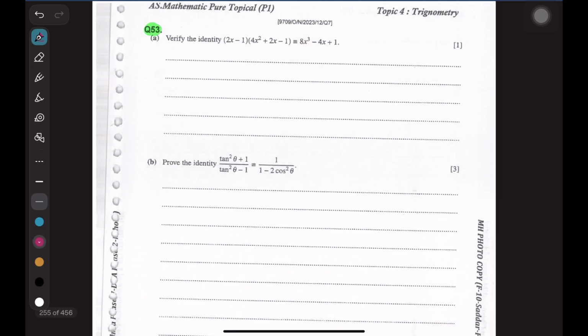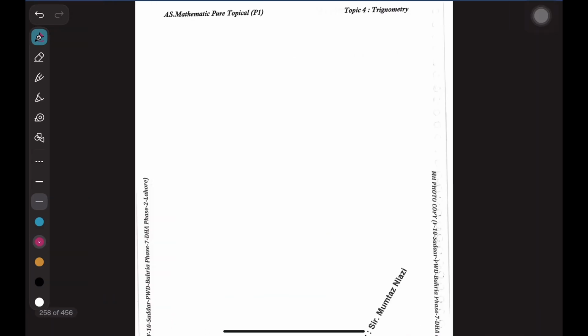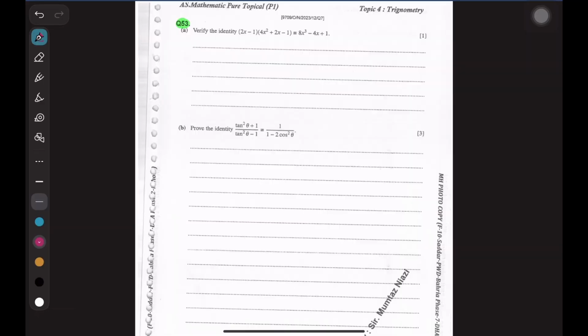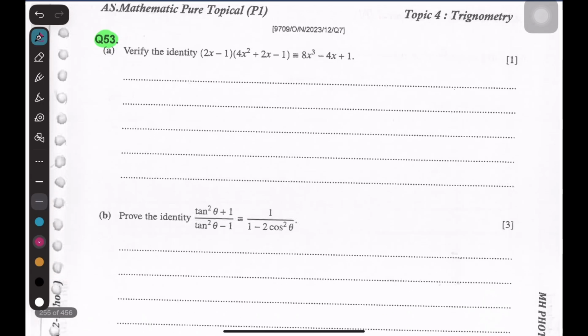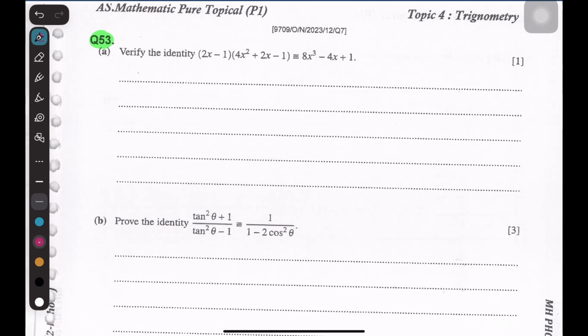All right. 53. Do we have more questions after this? Yeah, 2 more questions. So 53 is saying verify the identity 2x minus 1 times 4x squared plus 2x minus 1 equals this. So we'll just multiply these two brackets. So we have 2x multiplied to all 3 terms.